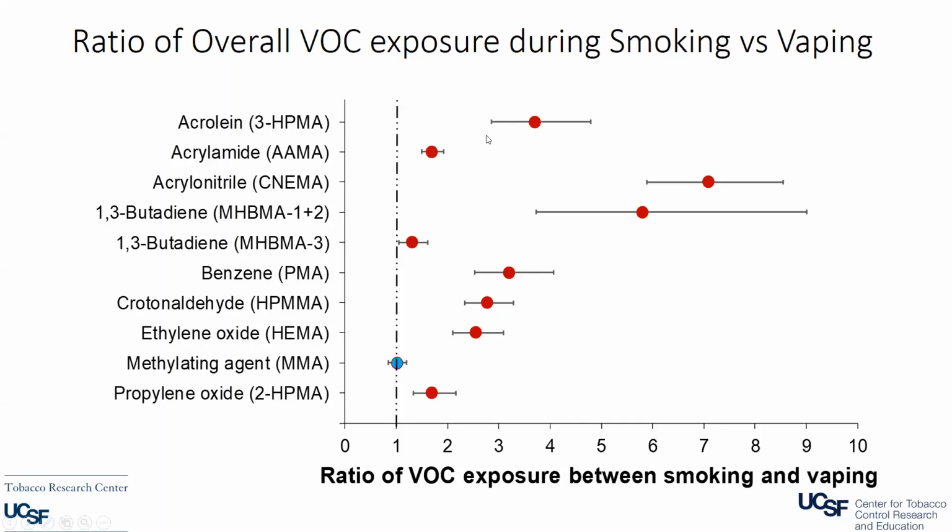But for all of these volatile organic compounds, many are carcinogenic. Acrolein is not, but it's a potent respiratory toxicant. For example, acrylamide, acrylonitrile, benzene, all of these were significantly higher in smokers when they smoked compared to when they vaped.